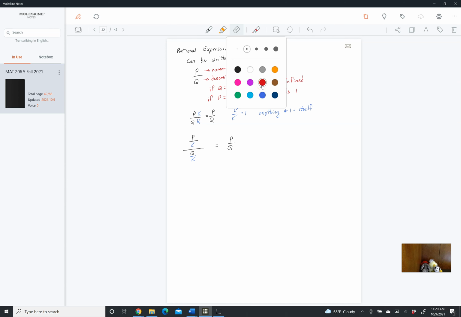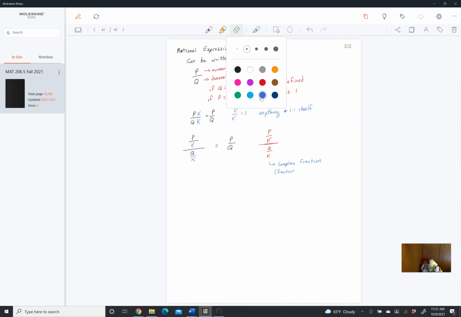Let's put that over here. So if we work this out, P over K over Q over K, what we can do is we have fractions within fractions, and we're going to talk about this when we talk about complex fractions. This is called a complex fraction. Because it has a fraction inside of another fraction.